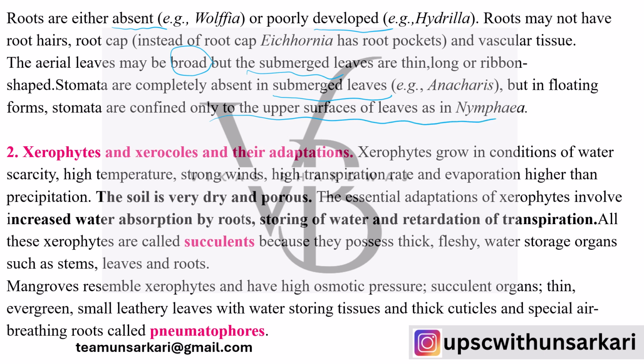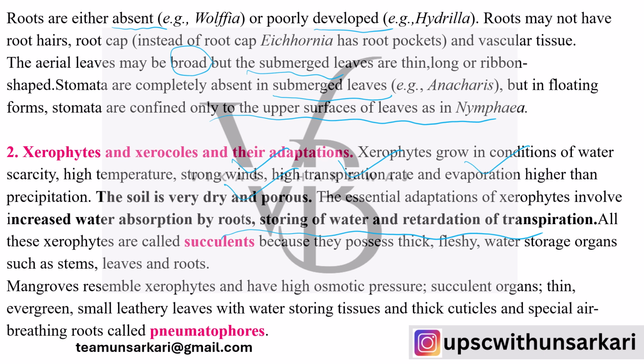And let's see xerophytes and xerocoels. They grow in conditions of water scarcity, high temperatures, strong winds, high transpiration, and a very high rate of evaporation. Soil is very dry and porous. These are essential adaptations: increased absorption by roots, storing of water, retardation of transpiration.